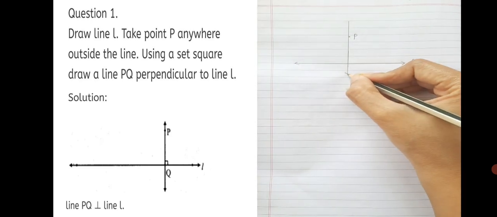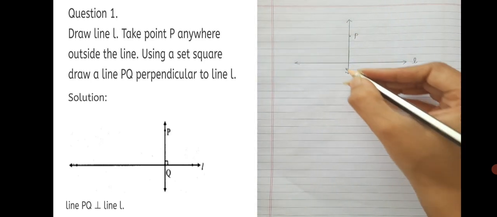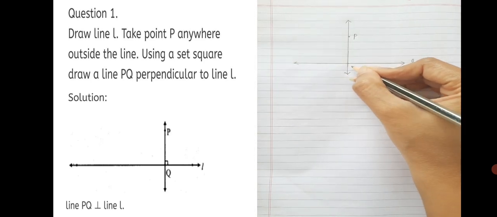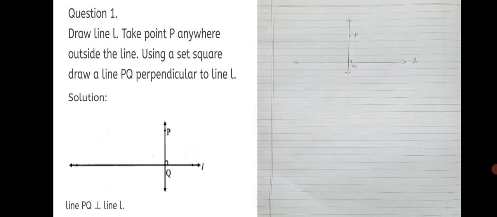So this is how we mark a line and mark it with arrows on both sides. This is a point Q. So we got PQ perpendicular to line L through point P, which is outside the line, using a set square. So this way we have completed our question number 1. Line PQ is perpendicular to line L through point P outside the line.